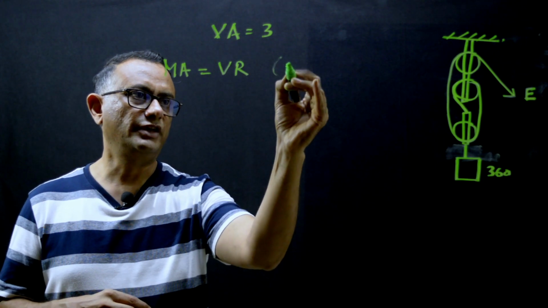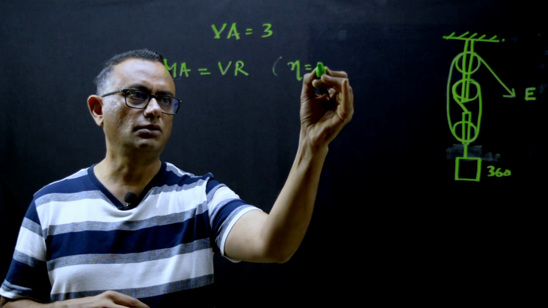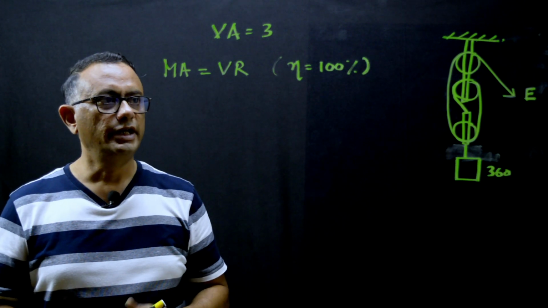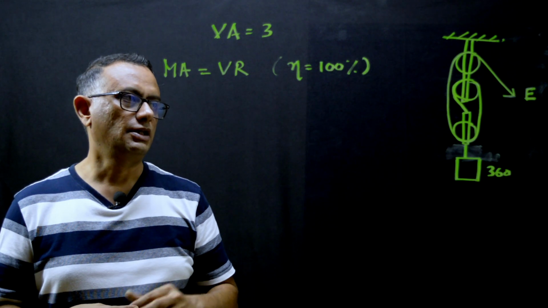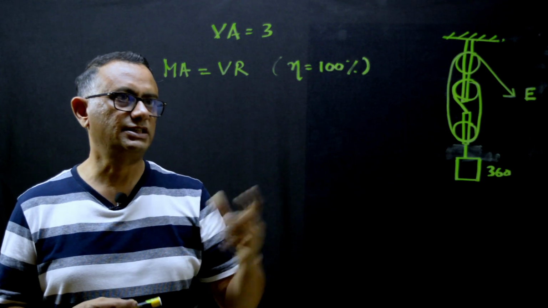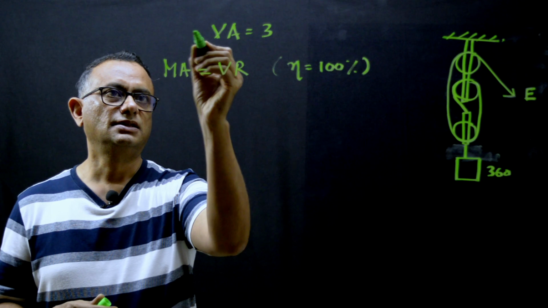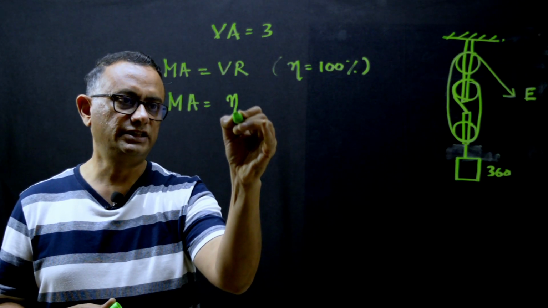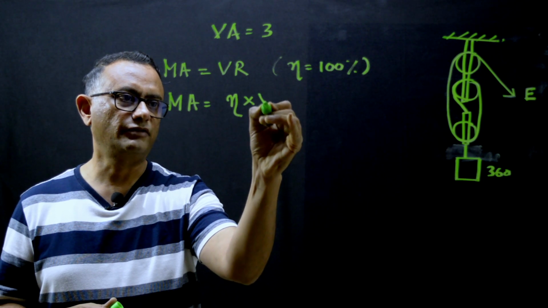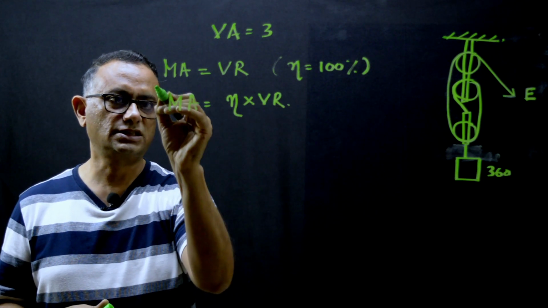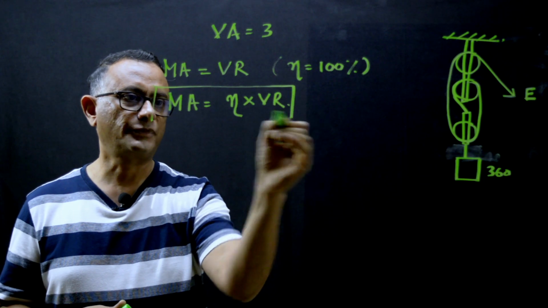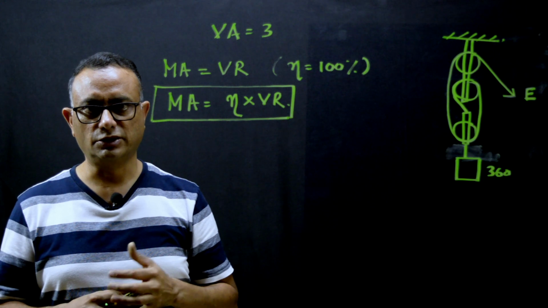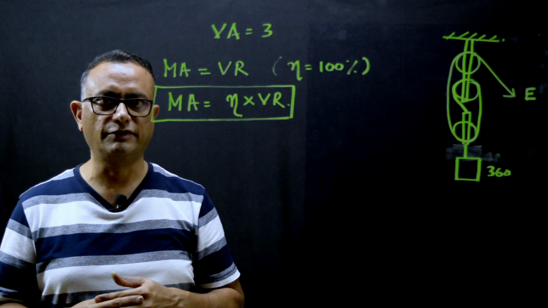This is when efficiency is equal to 100% or 1. Right? But if this is not an ideal system and if there is 60% efficiency as it is given in our case, okay, then mechanical advantage is going to be the efficiency multiplied by the velocity ratio. So this is an important concept that we need to remember. Mechanical advantage is equal to efficiency multiplied by the velocity ratio.